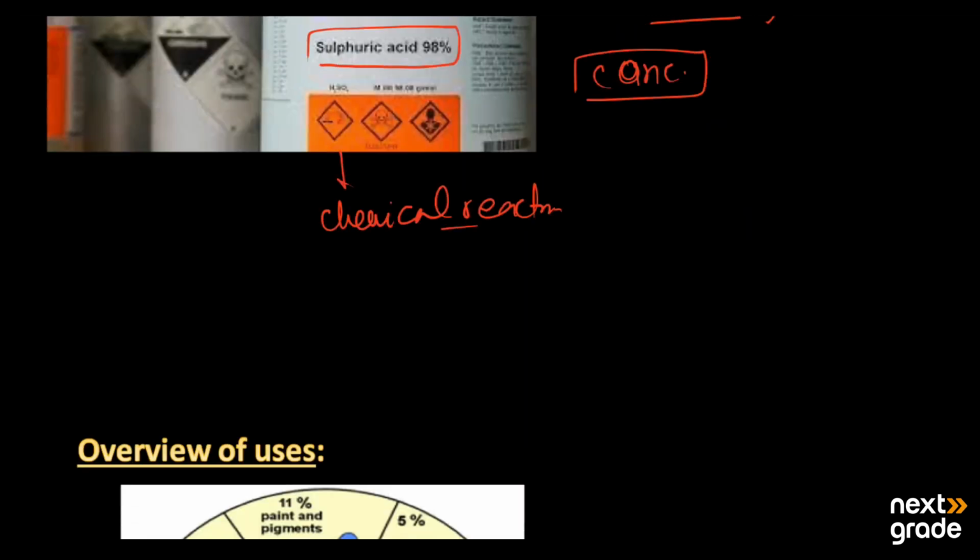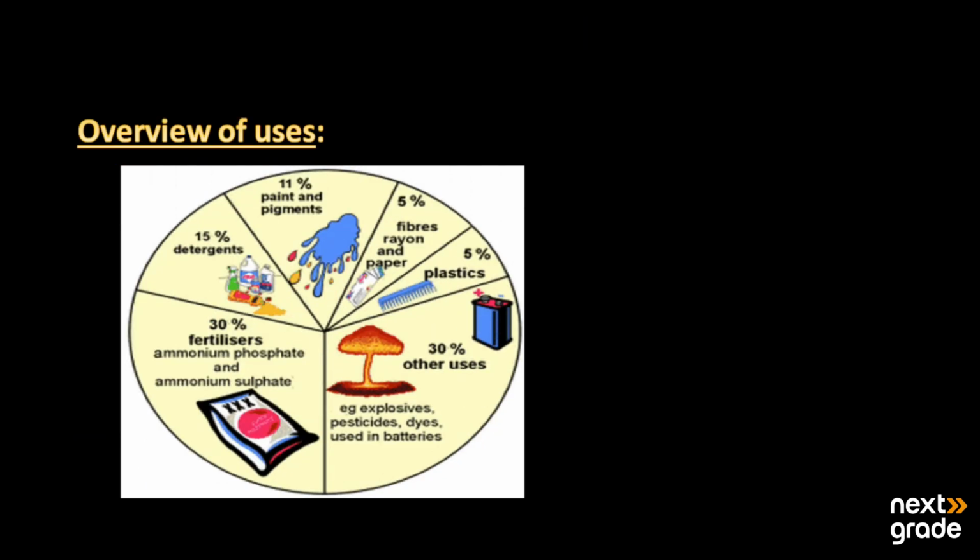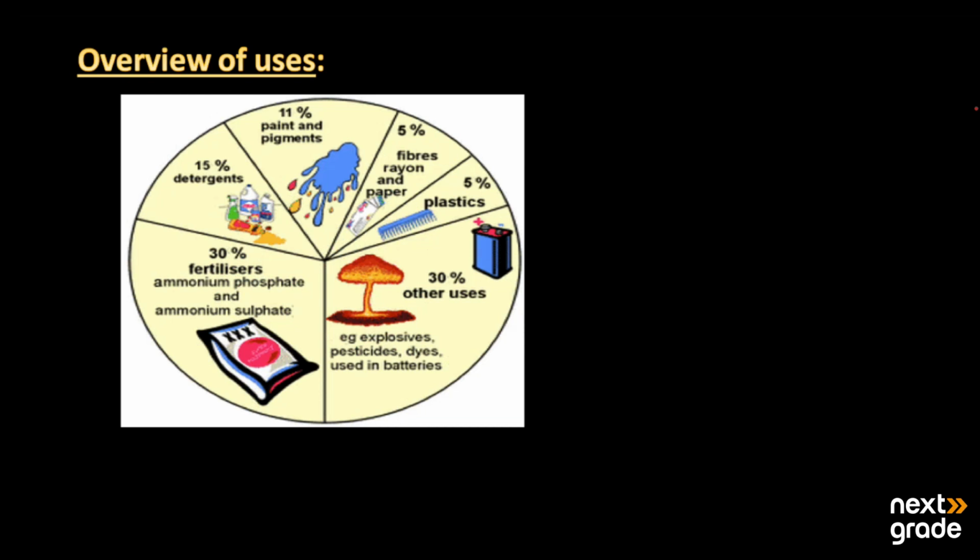And after this, there is an overview of the uses of sulfuric acid. 11% is used in paints and pigments as well as dyes, 5% is used in the production of fibers, rayon, and paper, and 5% is used in plastic products. 30% is other uses, like manufacturing explosives.